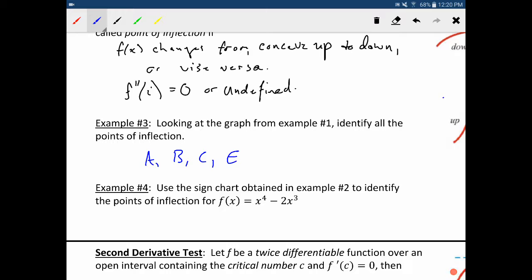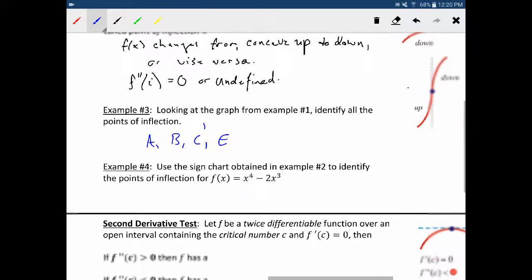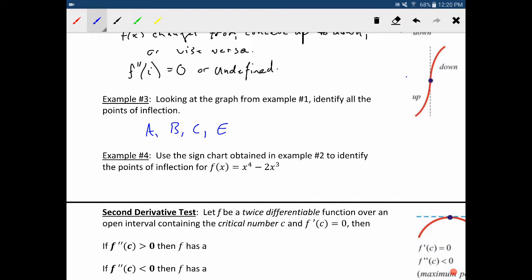So we're going to use the sign chart from example 2 to identify the points there. Well, this one's fairly simple because we had two possibilities, 0 and 1, and of course it did alternate both times.